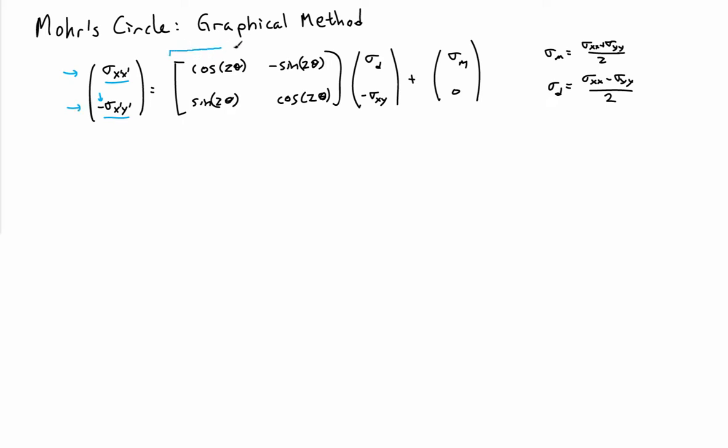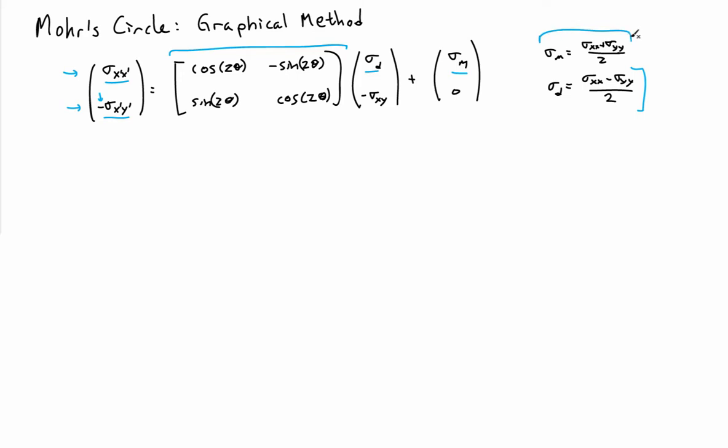I have this matrix that involves trigonometric functions of twice the angle of rotation between the 2 coordinate frames, sigma d, which we had defined earlier as sigma xx minus sigma yy over 2, and sigma m, the mean normal stress here. So sigma xx plus sigma yy over 2.